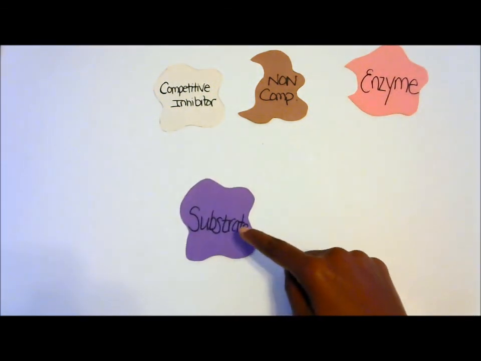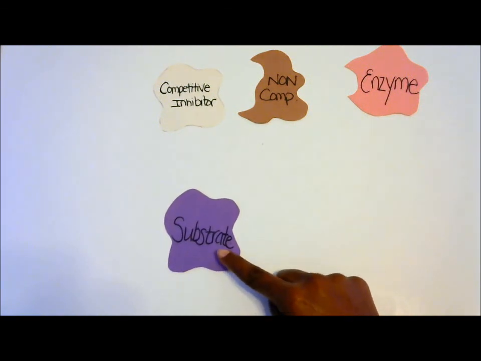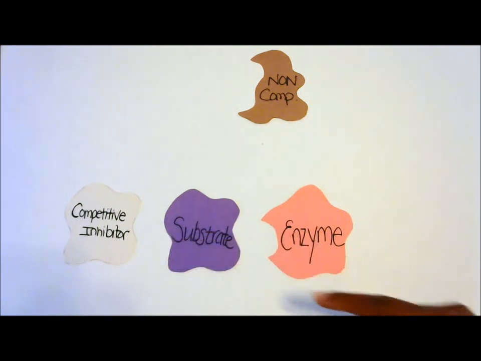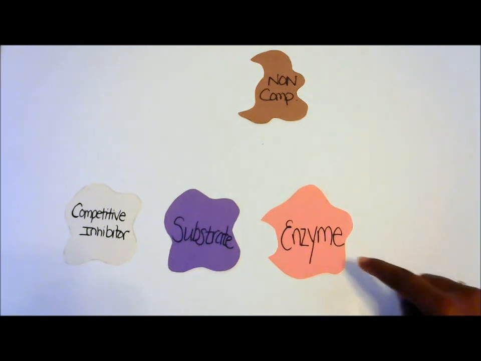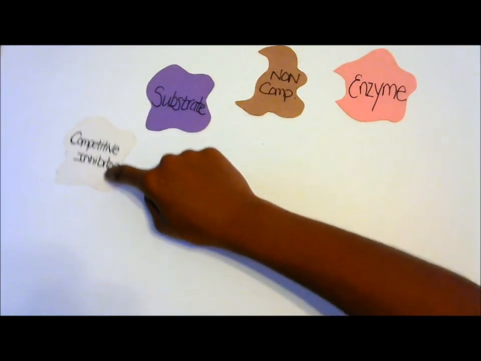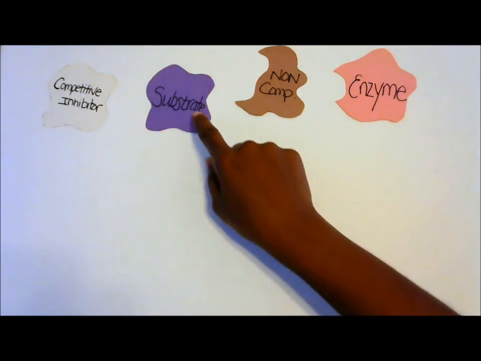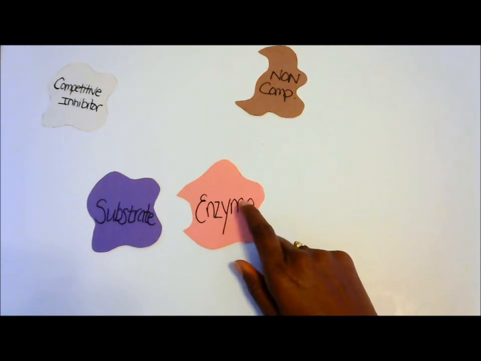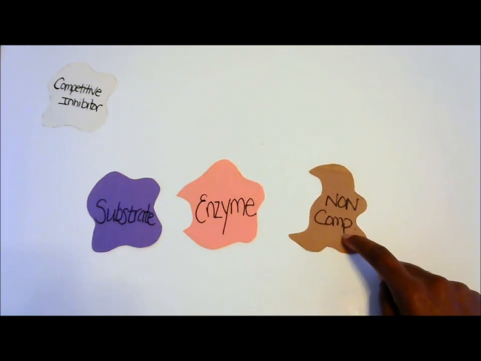Now you have your substrate, enzyme, and a competitive inhibitor. What happens in this scenario? Next scenario, you have your substrate, you have your enzyme, and you have your non-competitive inhibitor.